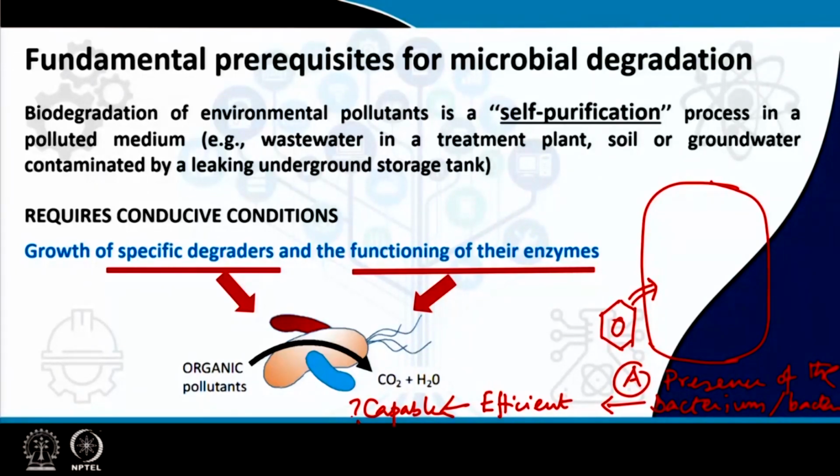Now, number 2 is this degradation process. If I identify this compound as A, that A will be taken up inside the cell, then A will be gradually converted to a number of intermediates, and then something will be formed.